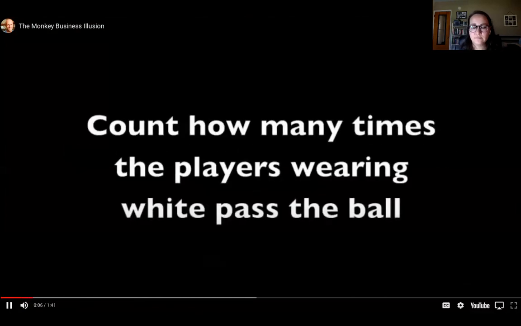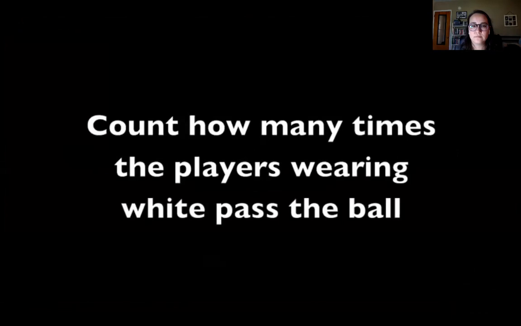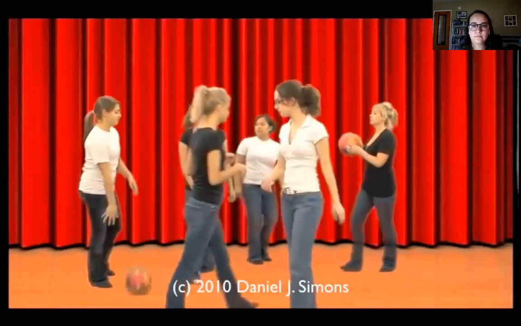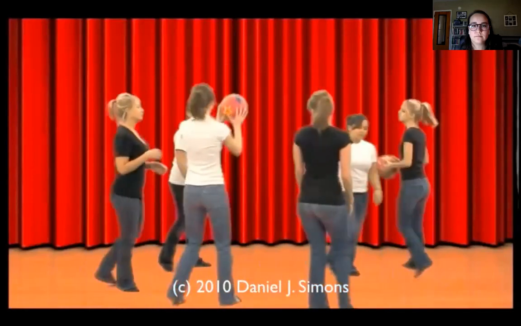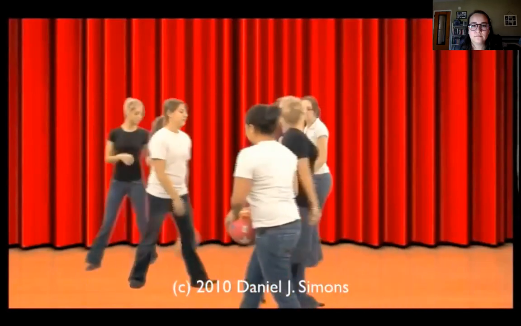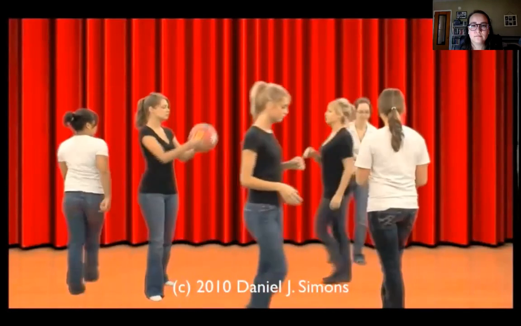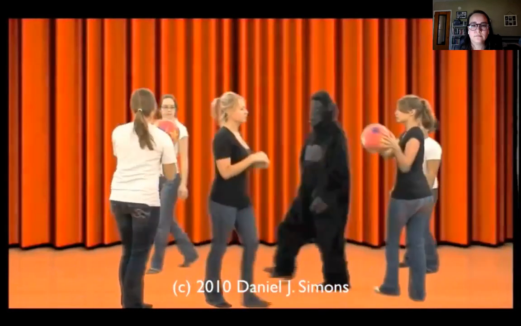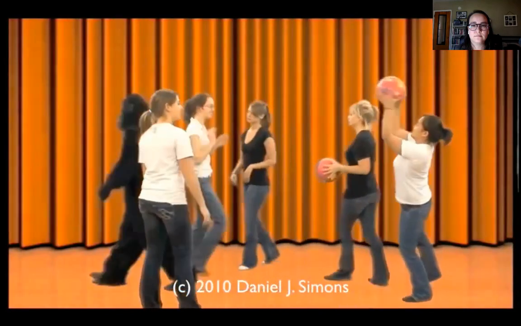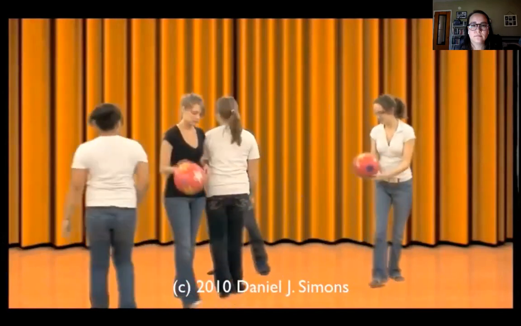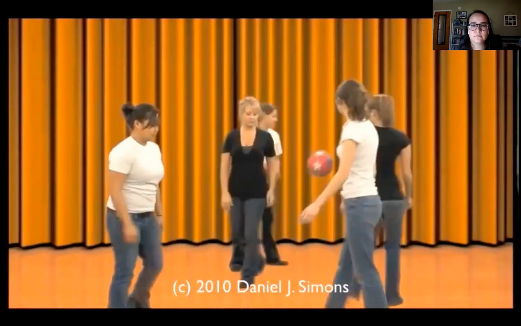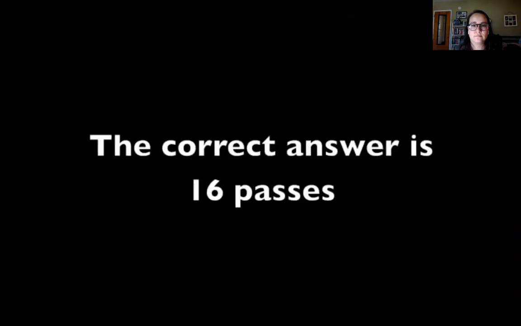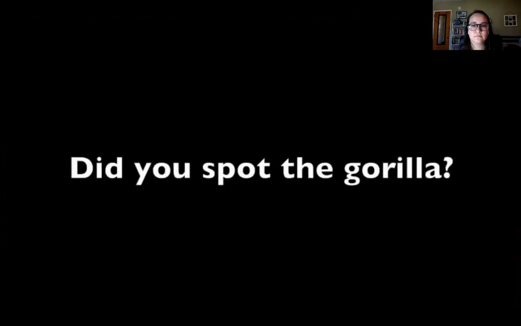Count how many times the players wearing white pass the ball. The correct answer is 16 passes. Did you spot the gorilla?